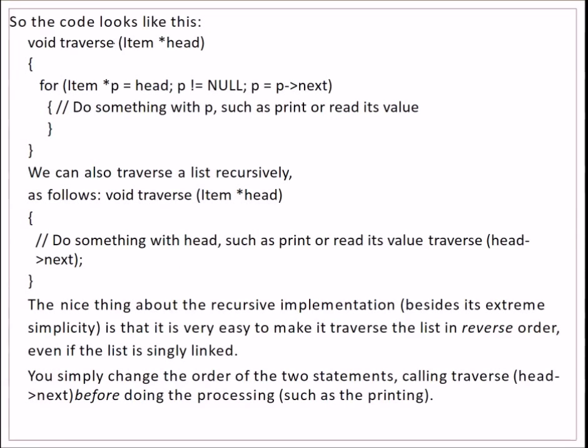How is this done? The code will be like this: traverse. This will be item, you have already known that we created a structure in the earlier discussion. So that structure type will be our pointer to this structure. And what we will do is start from head, because head is the starting point, and go till null, from the first one to the last one.